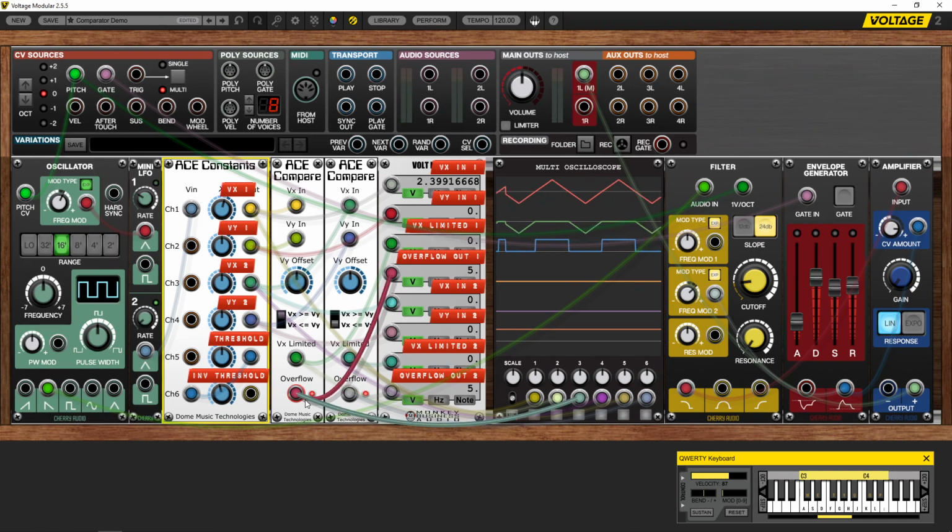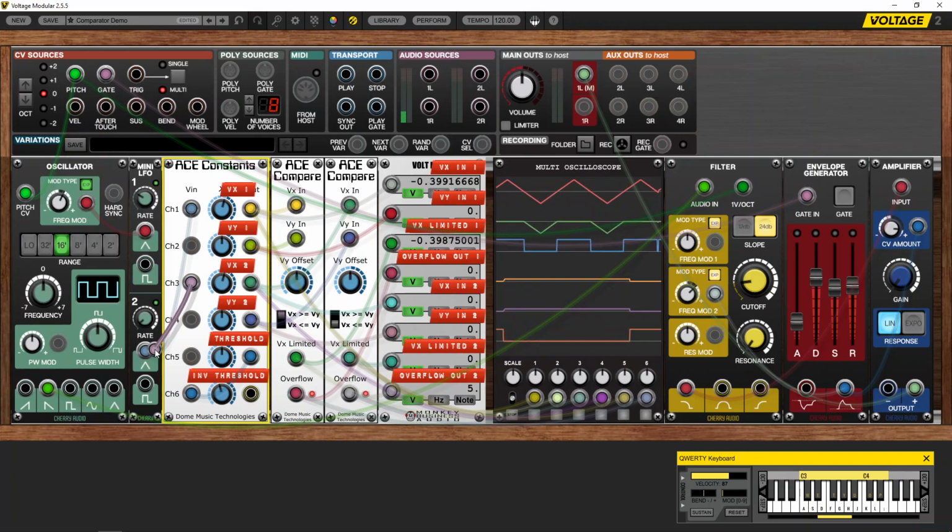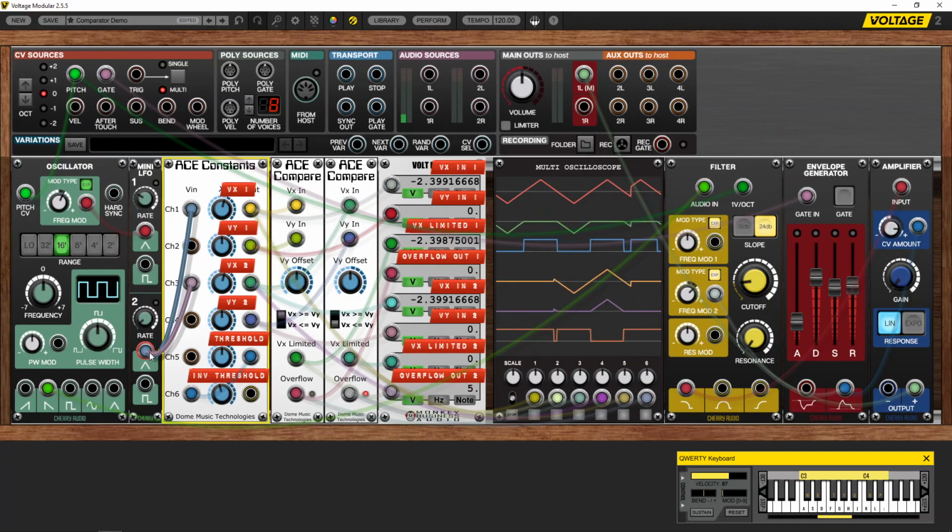So we could do the same thing for this second comparator, but what we'll do is we'll change the condition so that if Vx is less than Vy, then the overflow condition is met and Vx input will be limited. So if we just take that value, set this to 1 times the input and pop that in here.